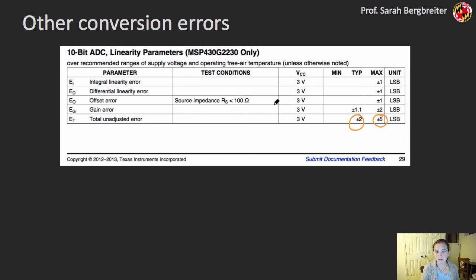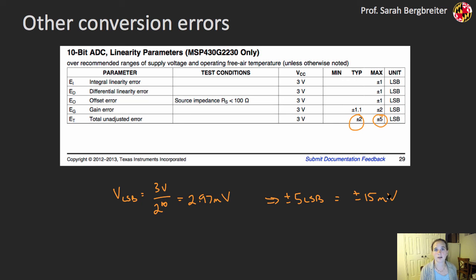If I look, for example, at this case, I have a full scale range of 3 volt, a 10-bit ADC. I get a least significant bit voltage of about 3 millivolts. And what that means is that plus or minus 5 LSB is equivalent to plus or minus approximately 15 millivolts, which can be quite significant depending on what you're trying to sense.